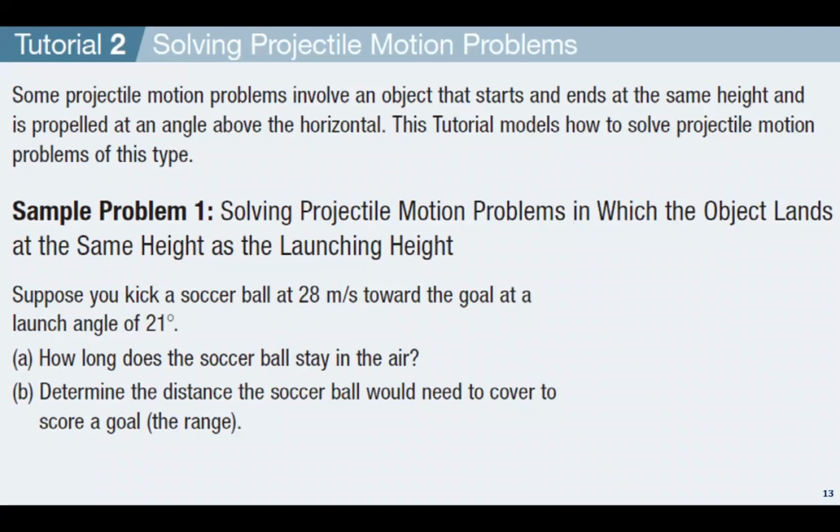Two questions you need to answer. First, how long does the soccer ball stay in the air? Then determine the distance the soccer ball would need to cover to score a goal, which means you need to find the range of the soccer ball. Okay, again, I'll give you 5 minutes to think about this question by yourself first.